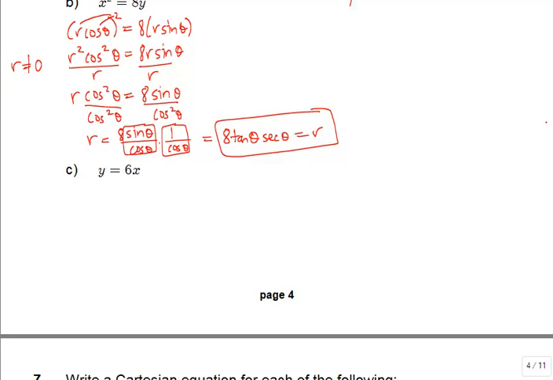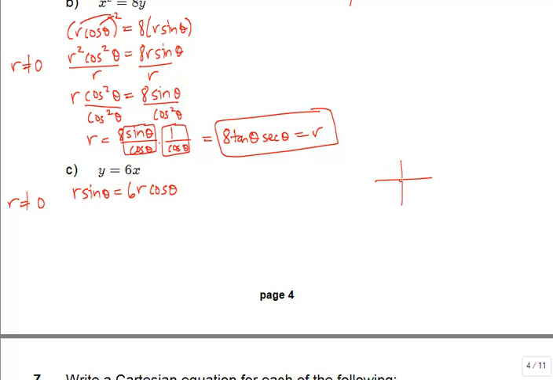Okay, let's take a look at this next one. So here we're going to replace this y with what it's equivalent to, which is r sine theta. And we're going to replace this x with what it's equivalent to, which is r cosine theta. And again, we're going to pull the same trick that we did in the last problem, in that we know that r can't just be 0, because if r is 0 on a polar graph, all you're getting is the pole.